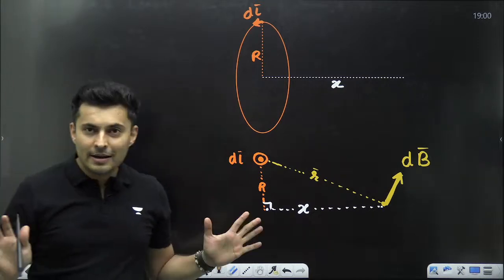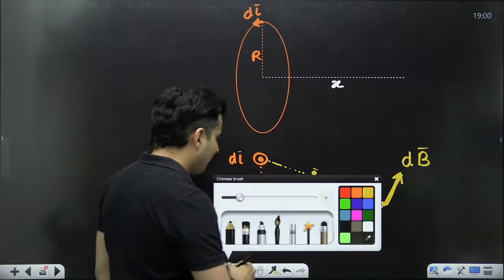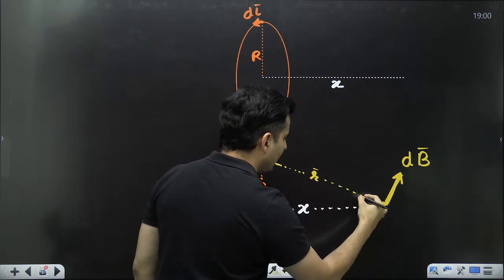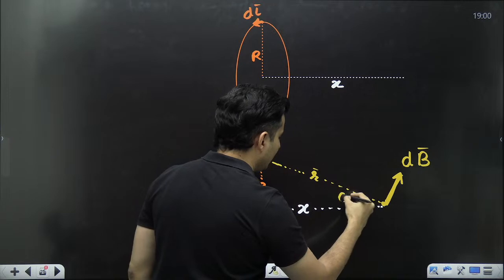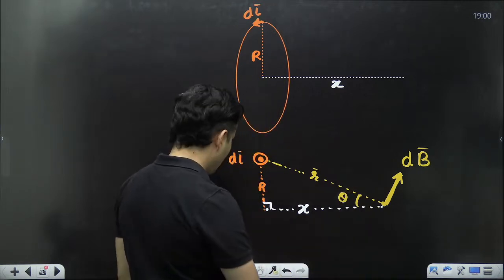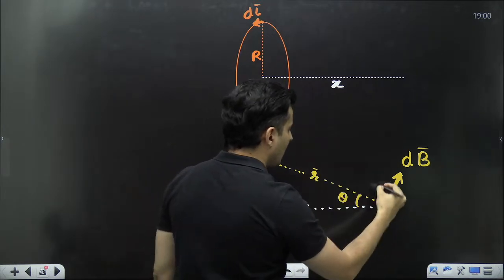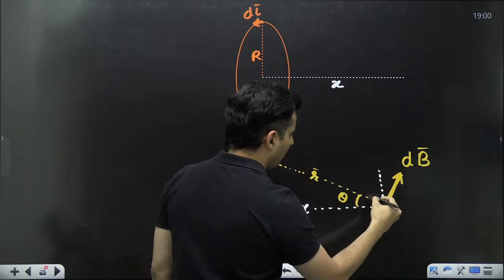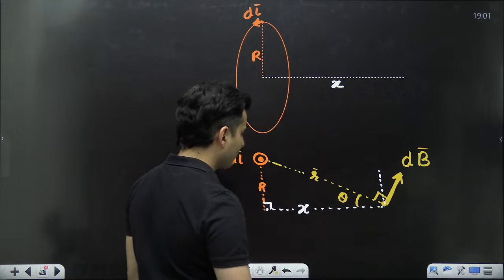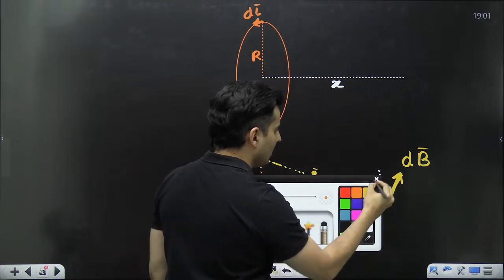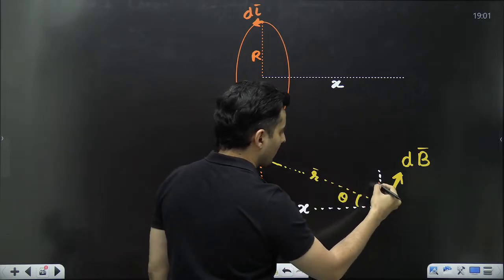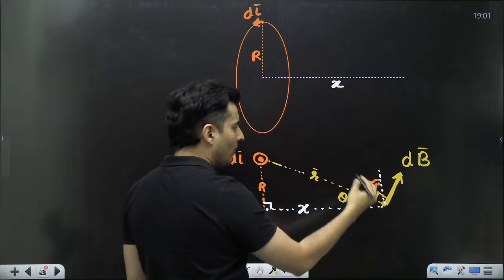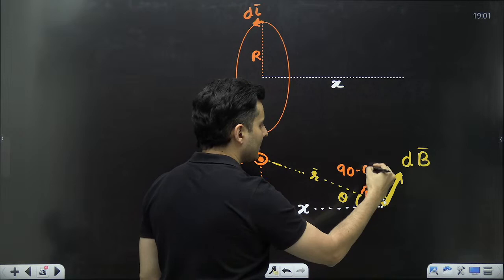Understood? Clear? Now, if, for example, I take this particular angle as theta, and if I drop this as the perpendicular, and then obviously this is 90 degree, then this particular angle will now become 90 minus theta, right?